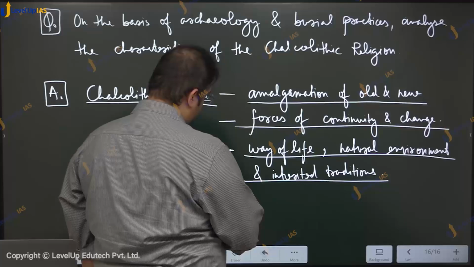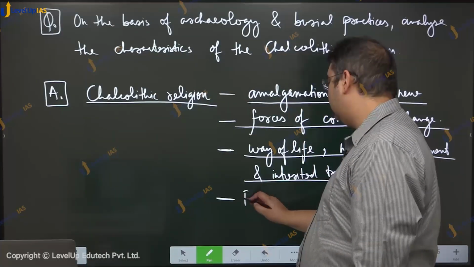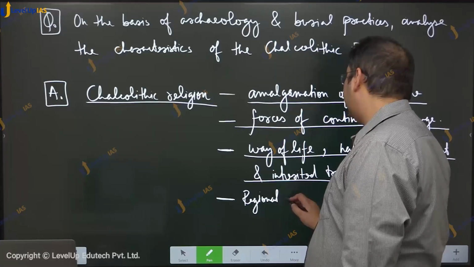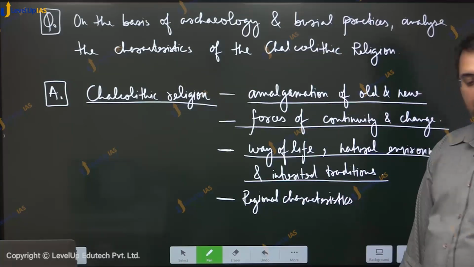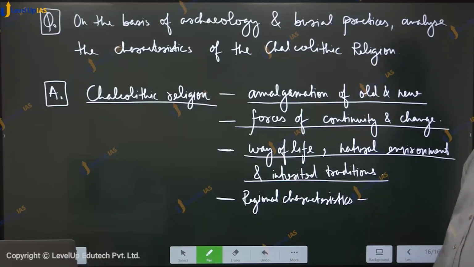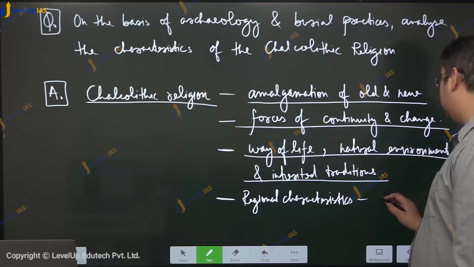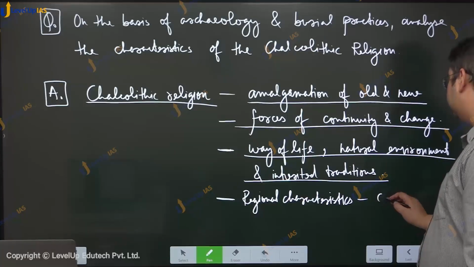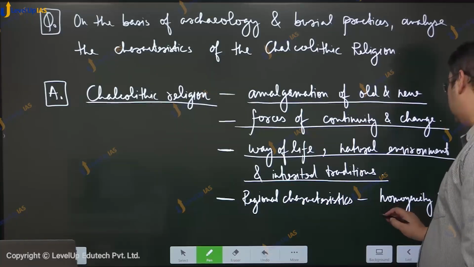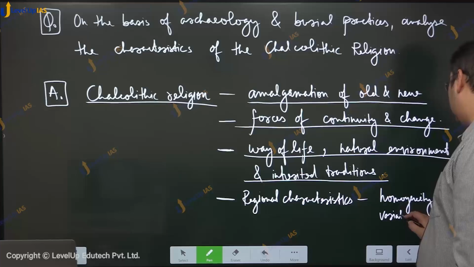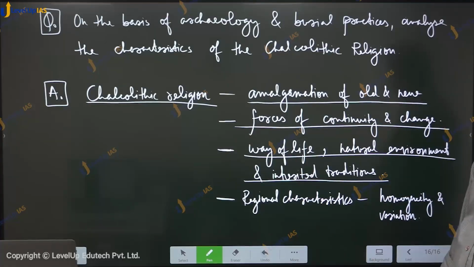Further, the regional characteristics of the Chalcolithic religion displayed both homogeneity and variation. ठीक है?